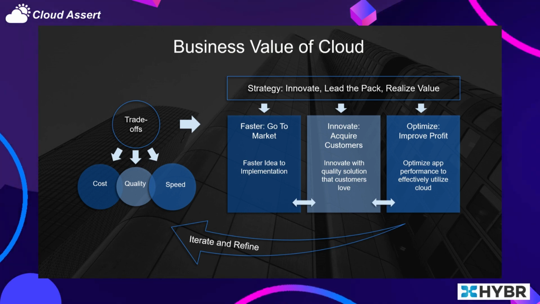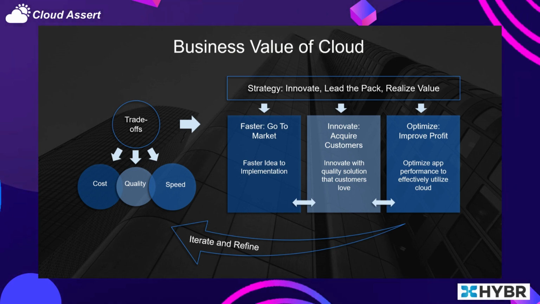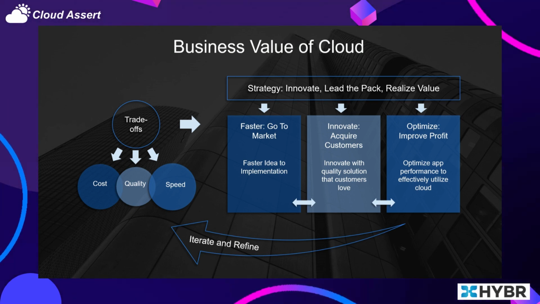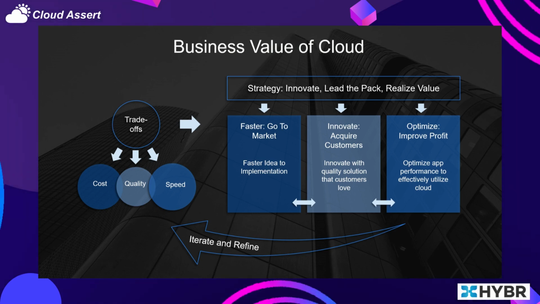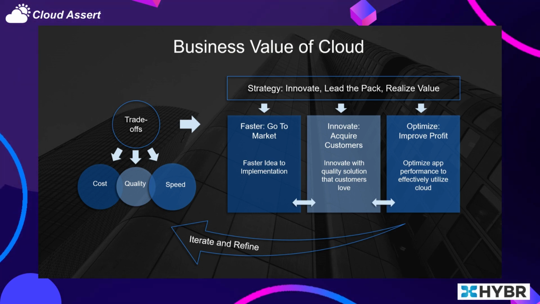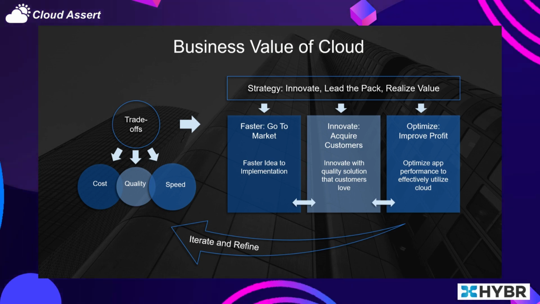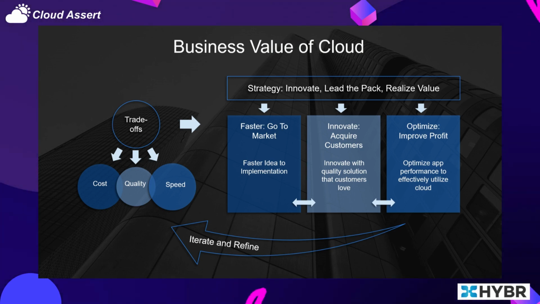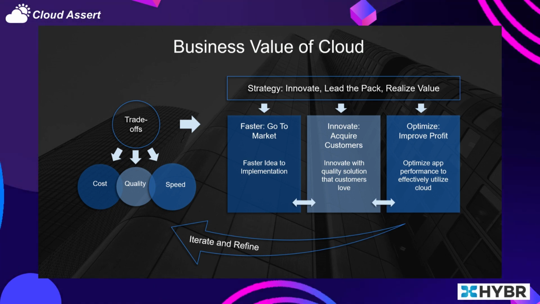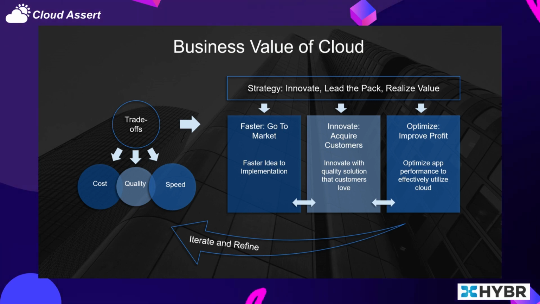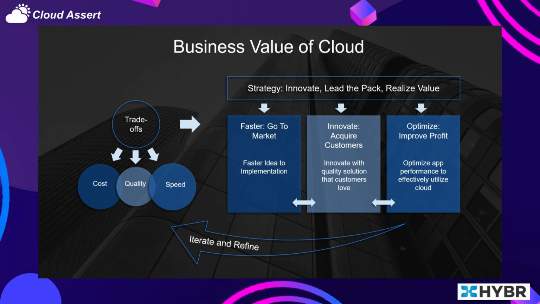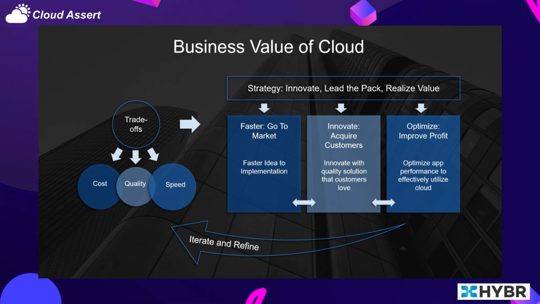If you are in the beginning days of coming up with an idea, you would want to go to market faster so that you can lead the market, right? You want to take the idea to the customers as fast as you can. And with cloud, your business is set up to be able to do that. So if your aim is to go to market faster, you are probably going to prioritize the speed of delivery first.